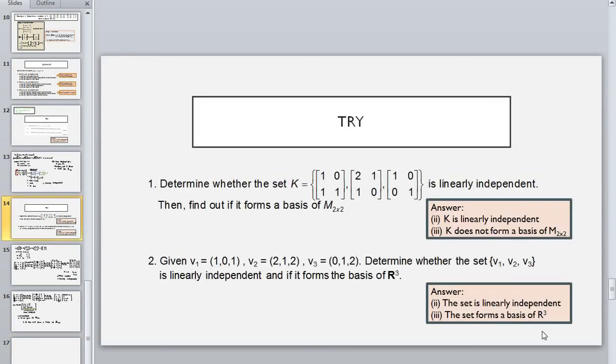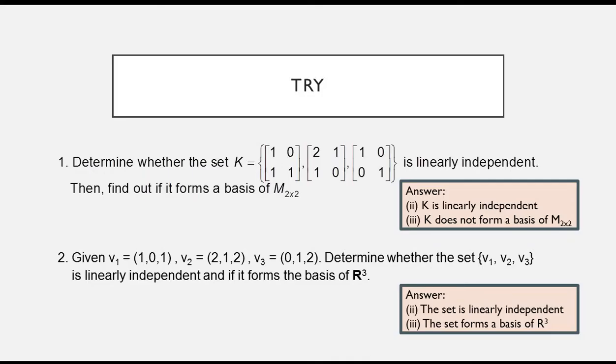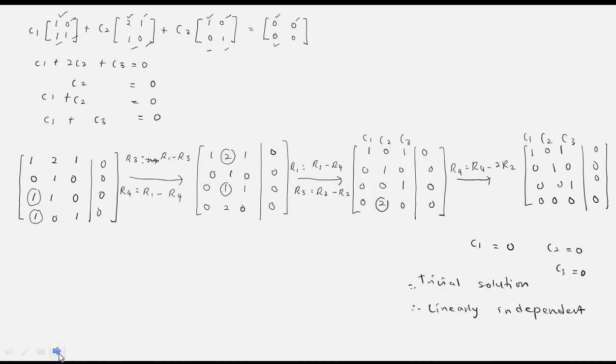Okay, we have one more question to discuss. This time for vectors. So we are given 3 vectors and we want to determine whether the set is linearly independent, and if it forms the basis. Even though the question only asks for linearly independent, to prove basis, we need to also test for the spanning set. Okay, let's solve the last question.